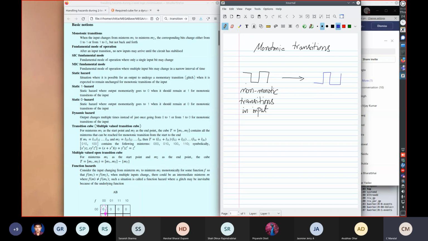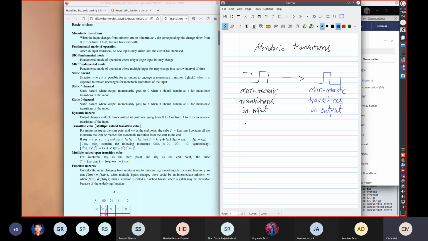So if you have non-monotonic transitions in the input, you can very well expect non-monotonic transitions in the output.